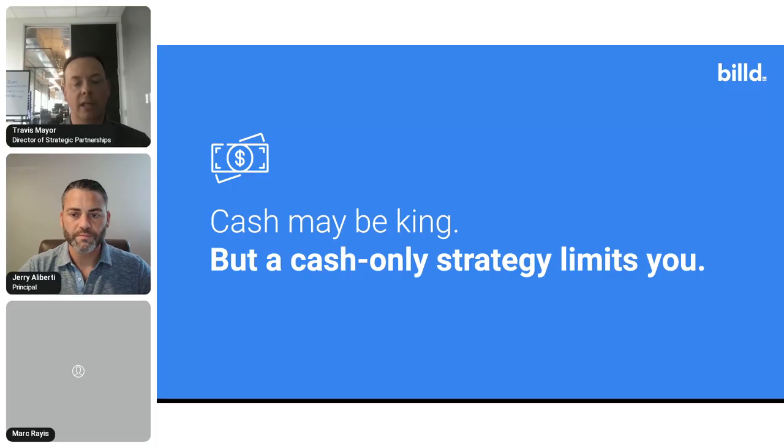But cash only really limits the options if you're trying to grow year over year and build a working capital buffer within the business to handle challenges and curveballs and mitigate risk.